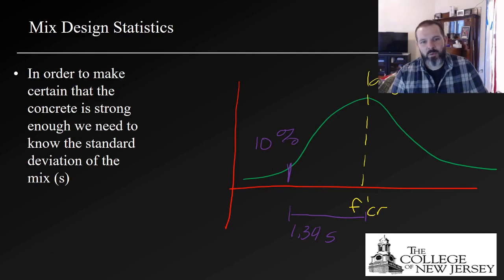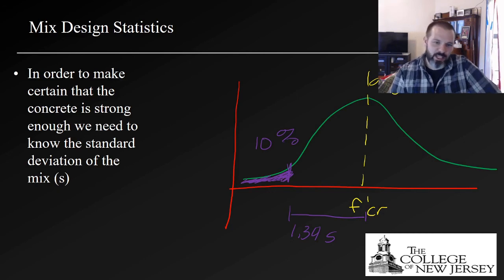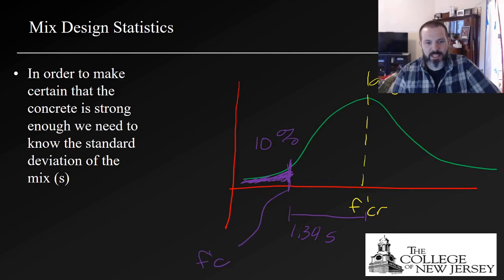Meaning that when we use this as our design value, there's a 90% chance that our concrete strength is higher, and there's a 10% chance that it is less. This value is what we call f'c.